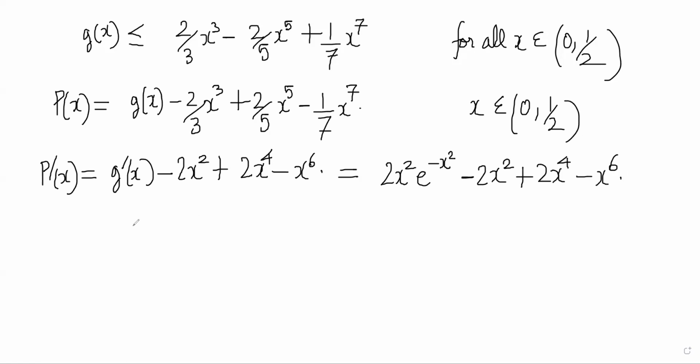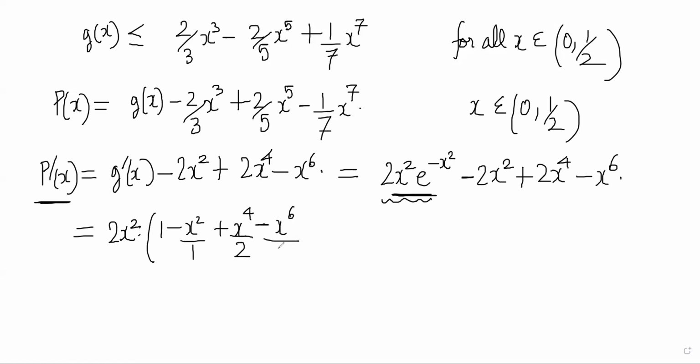Right? Now, the best way to simplify and know whether p dash x is positive or negative is to do the expansion of e power minus x square. So it is 2x square times 1 minus x square by 1 plus x power 4 by 2 minus x power 6 by 3 and so on, minus 2x square plus 2x power 4 minus x power 6.